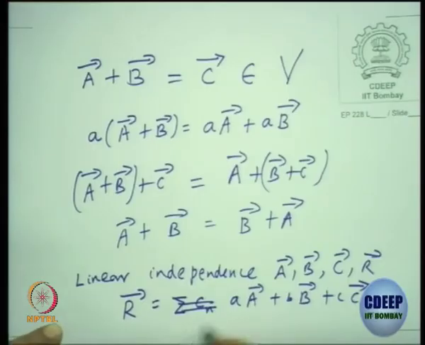If A, B and C are non-zero, then this vector is dependent on the other vectors.